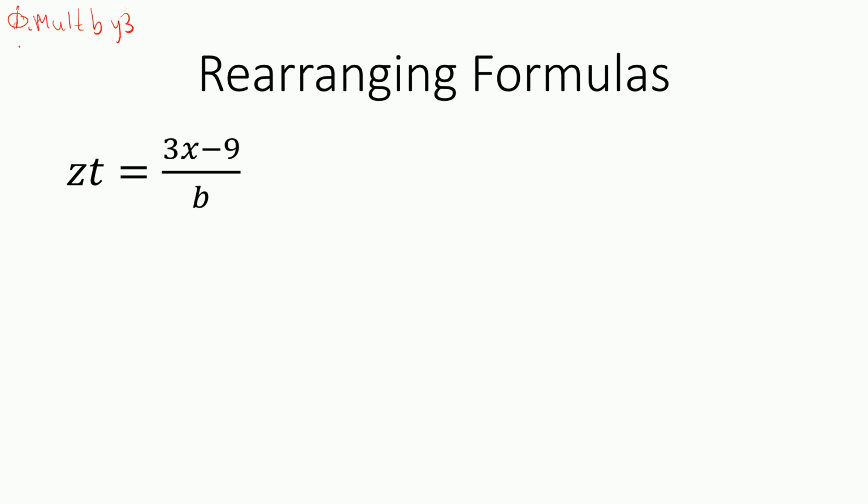This is all what's happening to x. Then we subtract by 9. Then we have a divide by a variable b. And it doesn't matter that it's a variable.